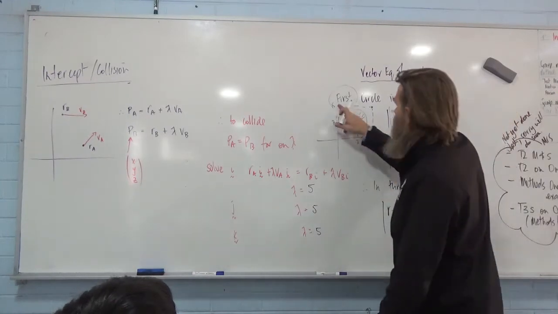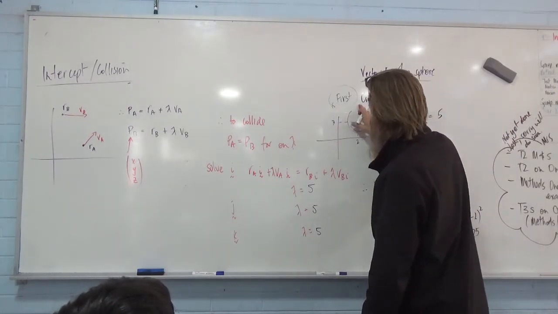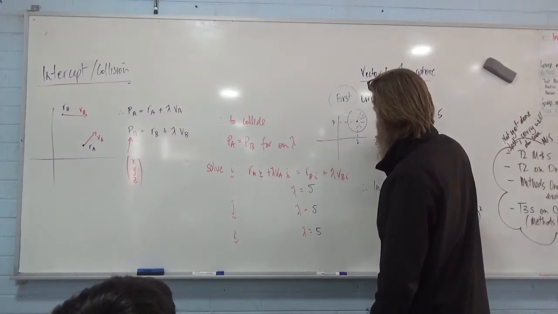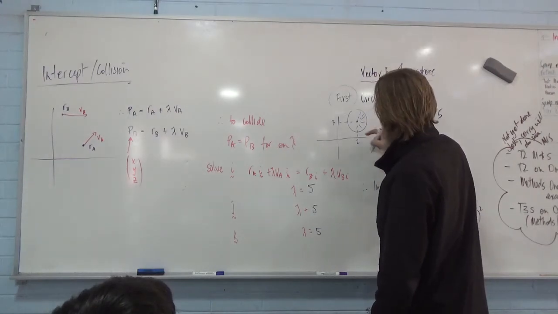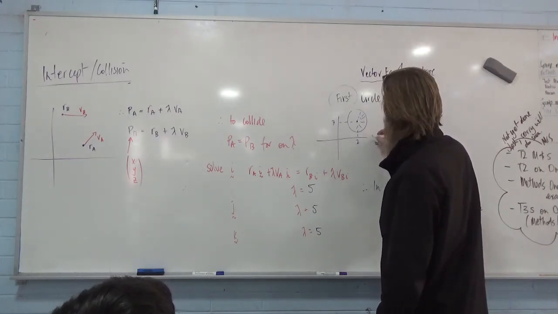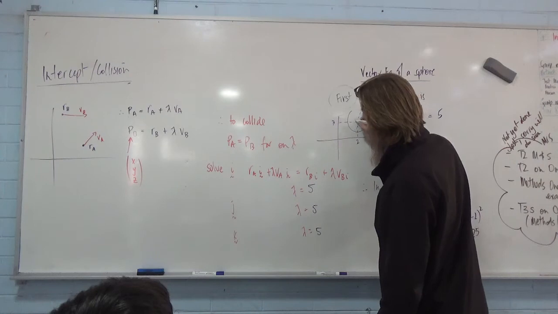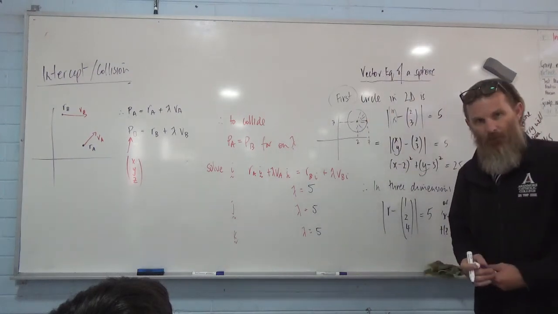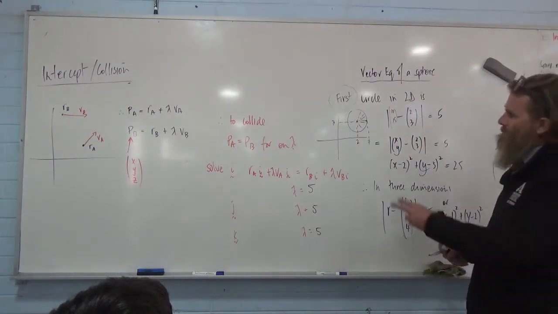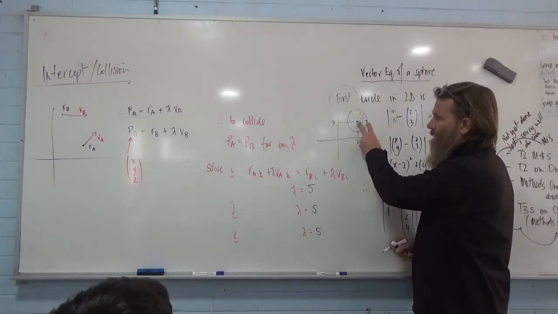Right, now let's go with something a little more realistic. What have we got? I'm going to cheat here. I'm going to go with 7, 3. That point right there. It's the point (7, 3). Now I've cheated there because I know that's 5.